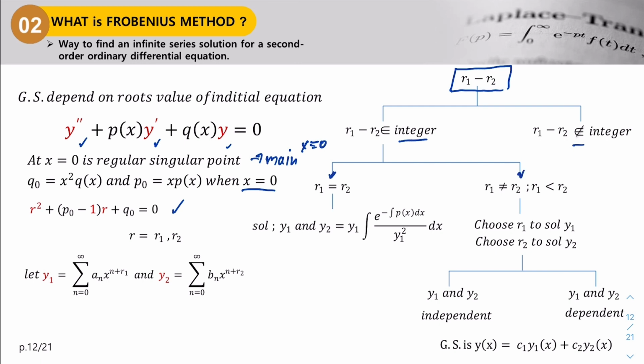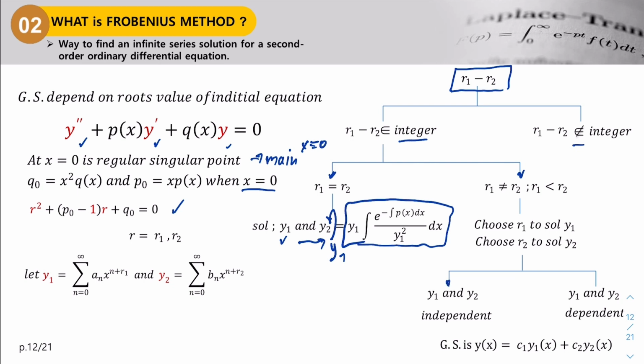When r1 equals r2, we calculate y1 and use y1 to solve for y2, and with this equation we get y2. If r1 does not equal r2 and r1 is less than r2, we choose r1 to solve y1 and choose r2 to solve y2.